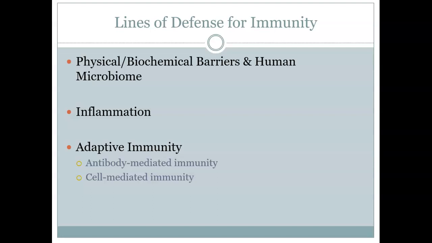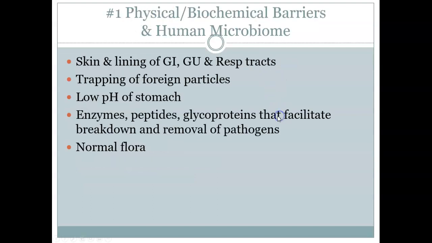There are two different types of adaptive immunity. There's antibody-mediated immunity, when our body forms antibodies to fight infection. And then we have cell-mediated immunity, where there are different cells in our bodies that help produce immunity. We will talk about all of these.